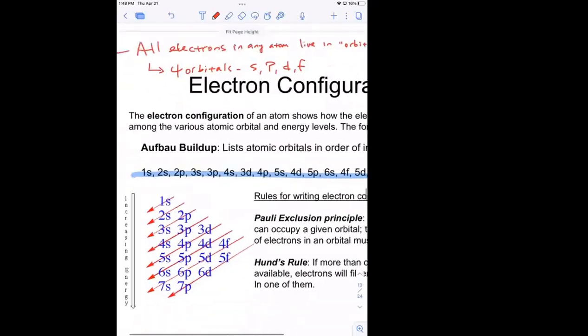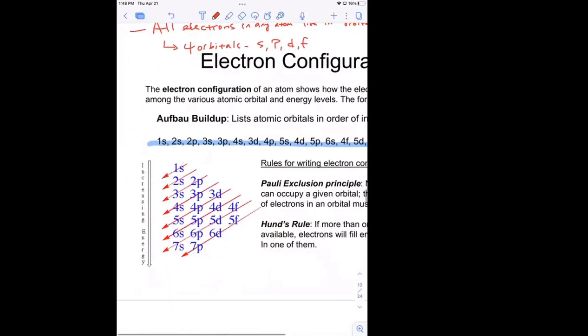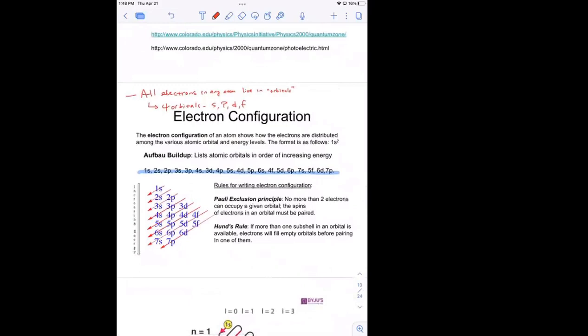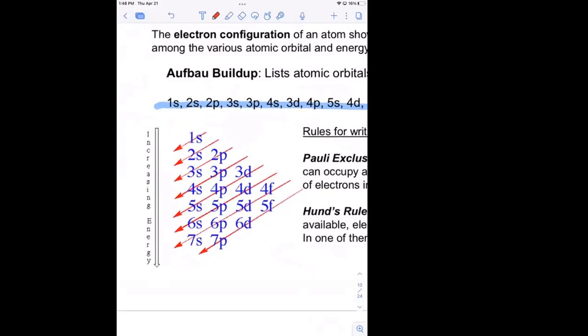And if you look right here, you can see how the energy levels are arranged. I showed this to the earlier class, and when I learned it, it was in a straight line like this. But this makes it much easier to think about, because you think about the energy. So the one right here is representative of the energy level. You can see right here where it says increase in energy, right?